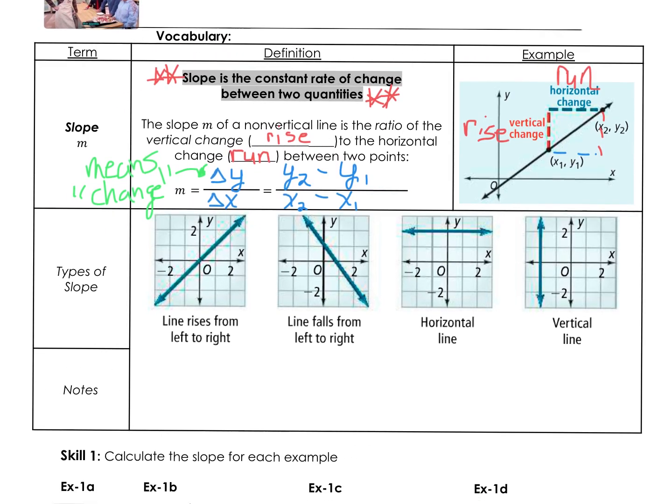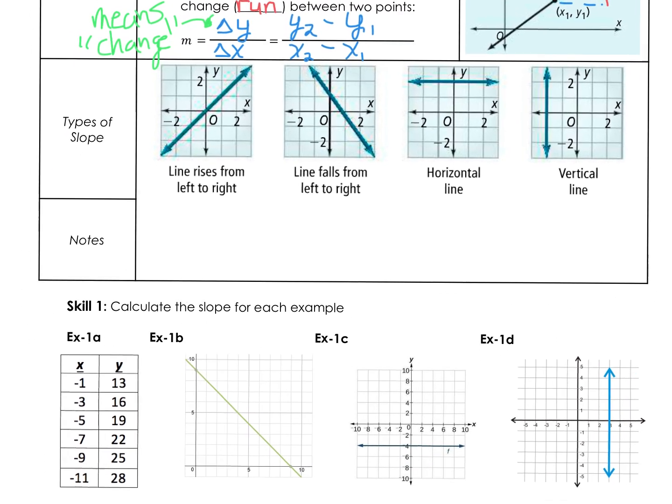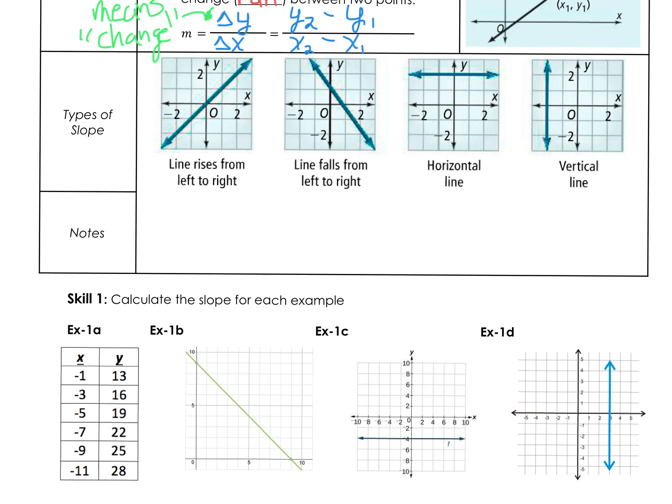All right, so let's look at some pictures of graphs. As you look at a graph, I want you to think in your head, is the graph of that line a positive slope, a negative slope, a zero slope, or no slope? You can learn "line rises from left to right" or "line falls from left to right," but I don't particularly like that language.